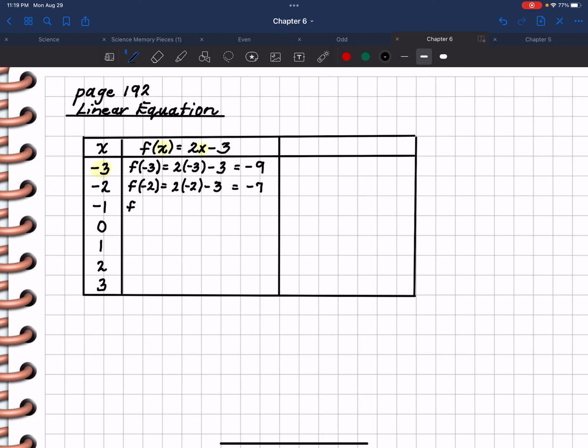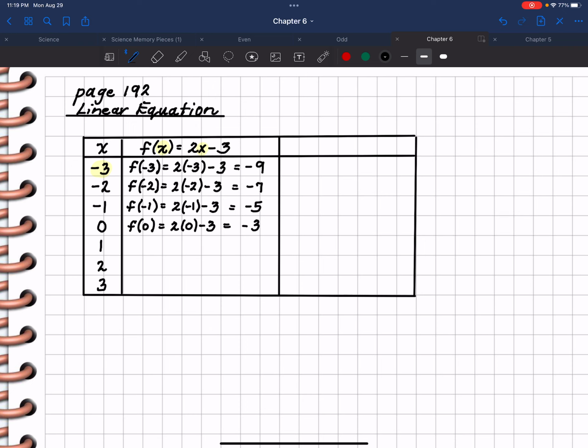Then F of -1 is 2 times -1 minus 3. So -2 minus 3 is -5. Then F of 0, this is the y-intercept, 2 times nothing minus 3. So that's going to be 0 minus 3, which is -3.